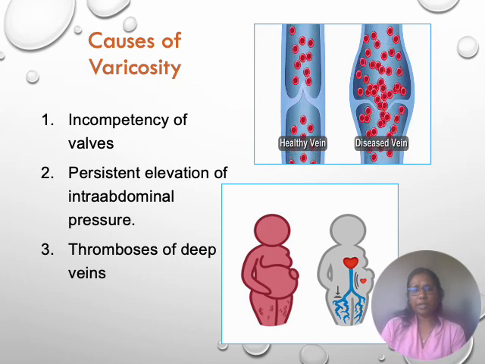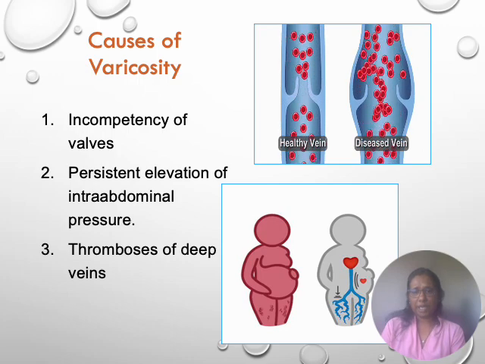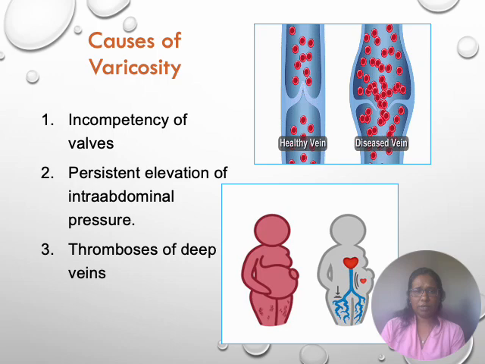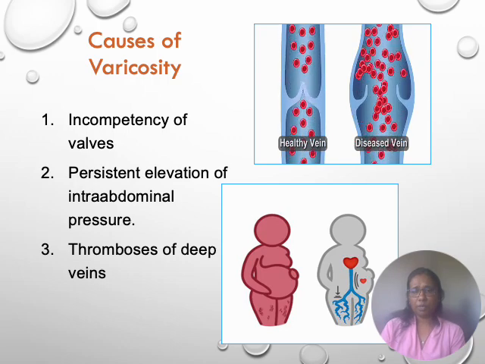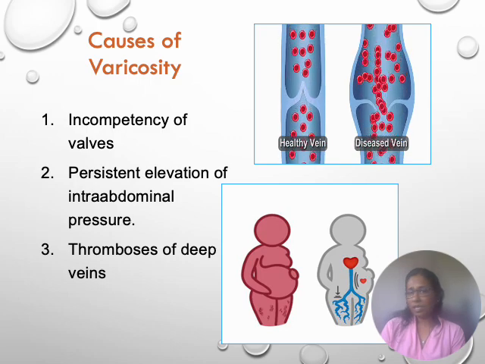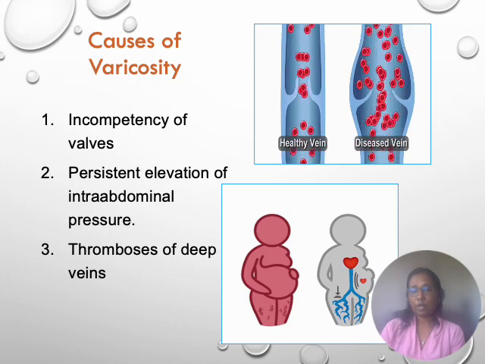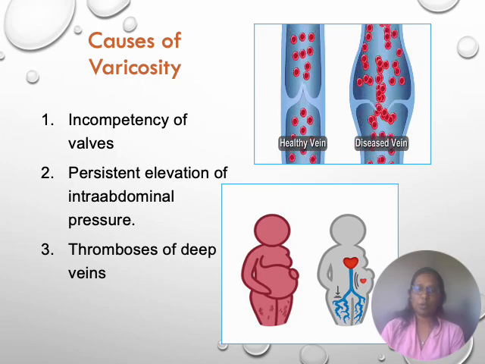The second point is persistent elevation of intra-abdominal pressure. So, how is it leading to varicose veins? Let us see. Persistent elevation of intra-abdominal pressure is usually seen in any intra-abdominal tumor, multiple pregnancies, chronic cough or chronic constipation.